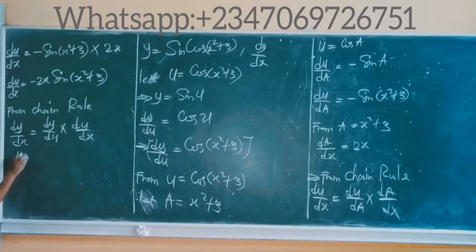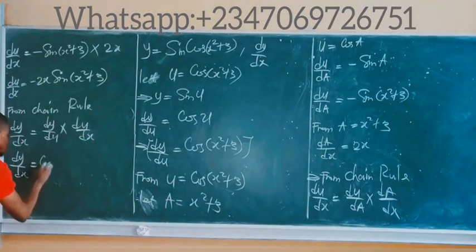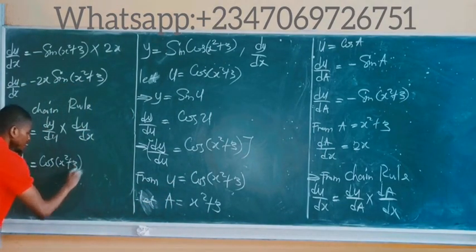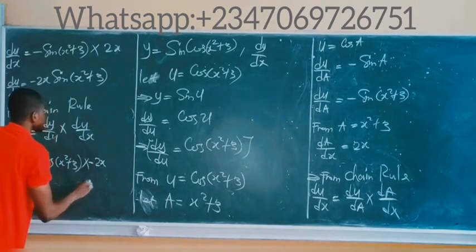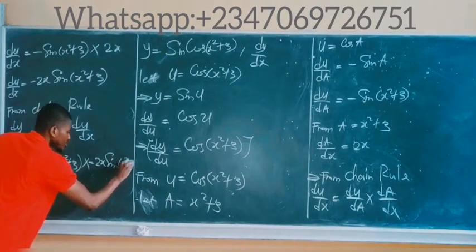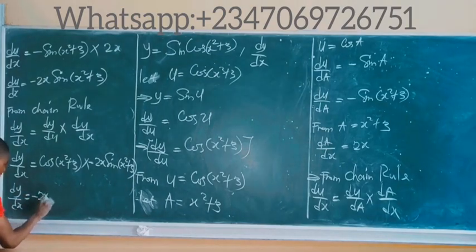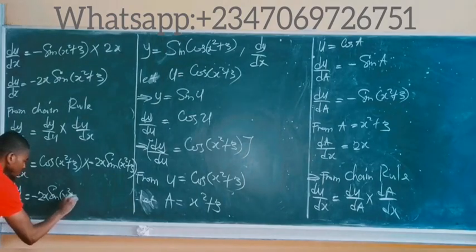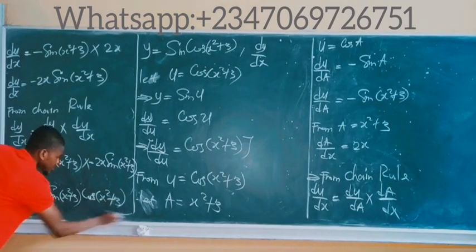So that simply means that dy/dx is equal to dy/du, which simply gave us cos(x squared plus 3), times du/dx, which gave us minus 2x sine(x squared plus 3). Alright, so we can simply say dy/dx is now equal to minus 2x sine(x squared plus 3) cos(x squared plus 3).